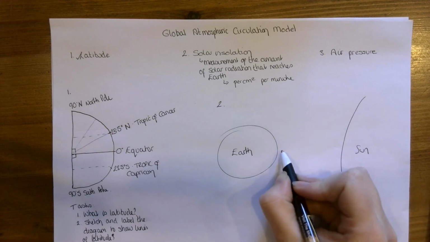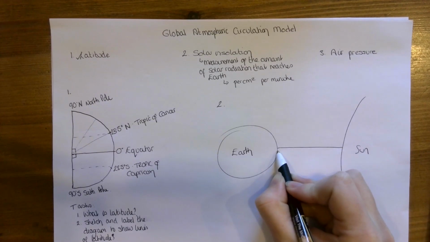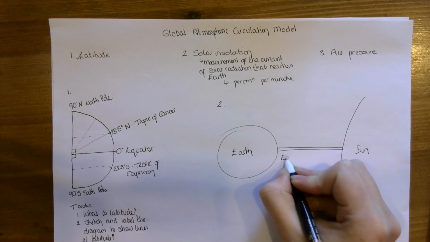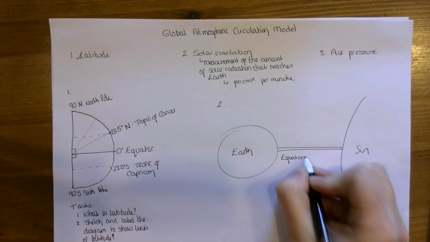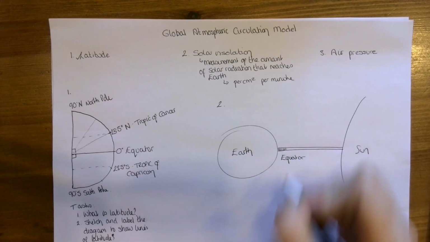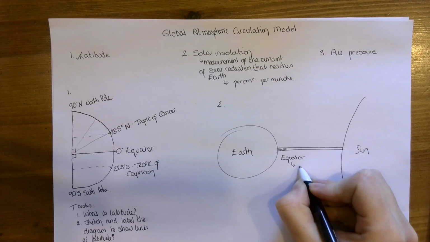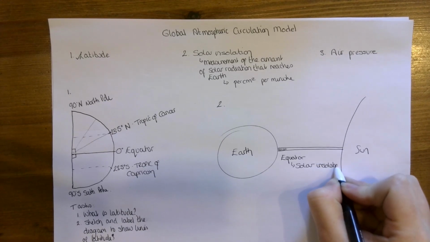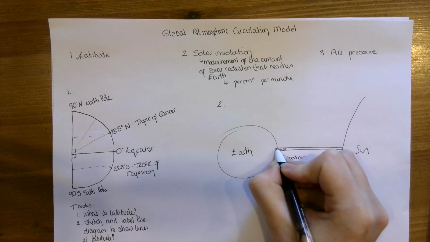Let's start at the equator. So let's imagine, okay, this is the sun's solar insolation, all right, hitting the Earth and heating the Earth. And what we can see if we look, the solar insolation is concentrated. It's concentrated on a really small area.